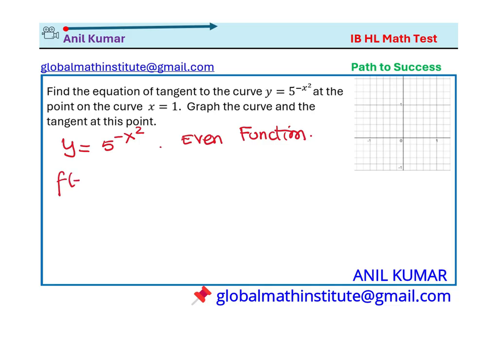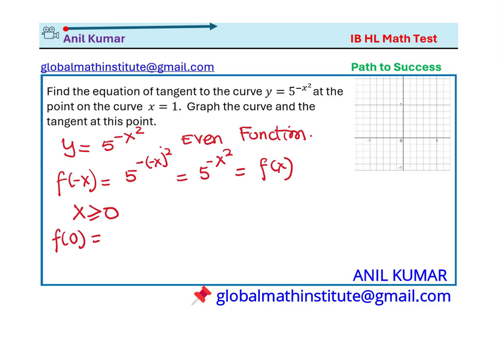If I ask what f of minus x is in this case, I get the same function, which is f of x. Therefore, it's an even function. That means I can graph it for x greater than or equal to 0. Take some points and graph it. If you take 0, anything to the power of 0 is 1, so f of 0 is 1. We get one point here, which is 1.